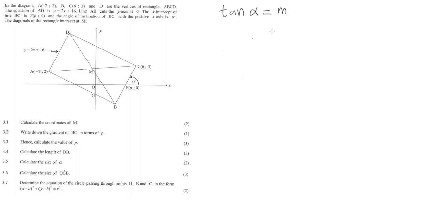So the gradient over BC is equal to the gradient over AD. So tangent alpha will be equal to the gradient over AD, which is 2. By using your calculator, you shift your calculator, this will give you 63,4 degrees.